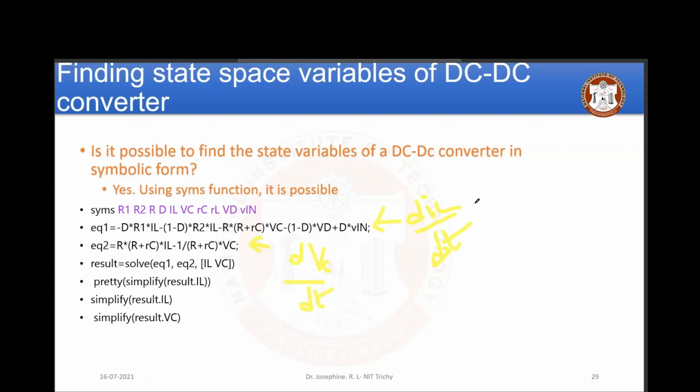You remember, for a given DC-DC converter, on an average cycle, the average voltage across the inductor is 0.